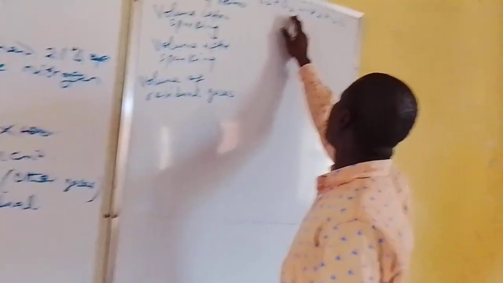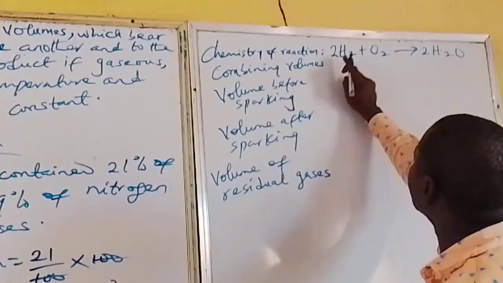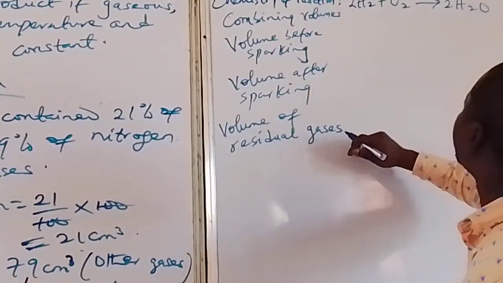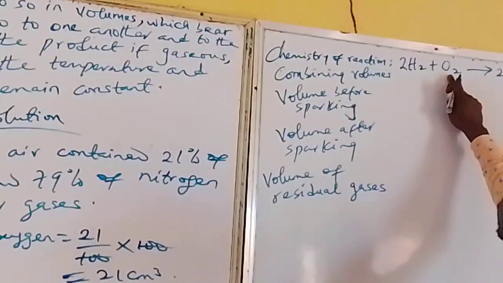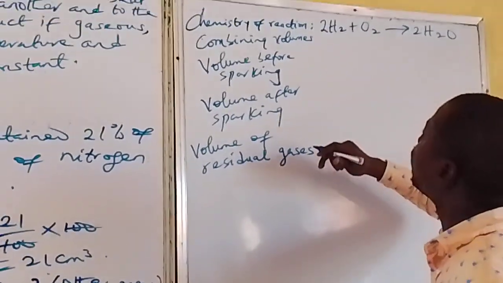Let's check whether the equation is balanced. It's not yet balanced, so we include 2 here. 2 times 2 is 4, so the hydrogen is balanced. Then oxygen: we have 2 oxygen on the reactant side and 2 oxygen on the product side.